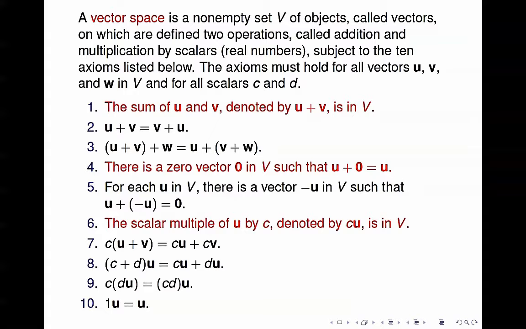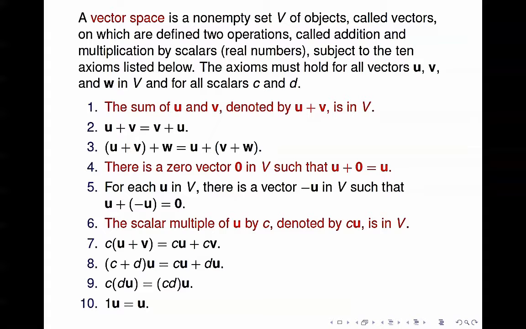The reason he says it like that is because since these objects are not necessarily vectors in the traditional sense that we're used to, then addition and multiplication by scalars are not necessarily defined as we're accustomed to. They can in fact be defined in any way that you would like, as long as these properties here are satisfied.